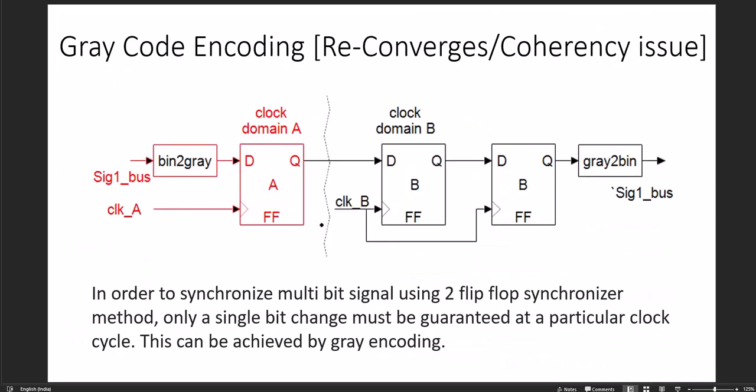So we put a binary to gray code encoder here, and send the multi-bit data, which obviously has only one changed bit at any value. Then we get the gray code value here, but we need the binary, so we need another conversion here, gray code to binary.